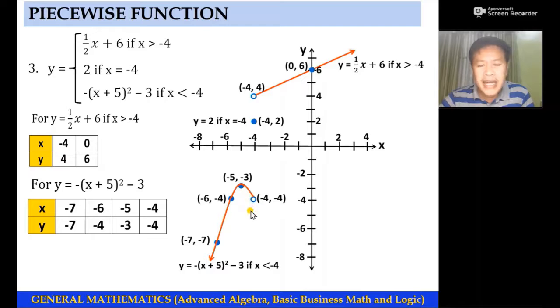That only intersects the vertical line at one point, and that point is our point function because we have here the open circle indicating that this point is not a part of this graph, and also this point, which is open circle, that indicates that this is excluded from the set of the values of the quadratic function given by this one with subdomain, which is x is less than -4. And that is the last example of piecewise function.